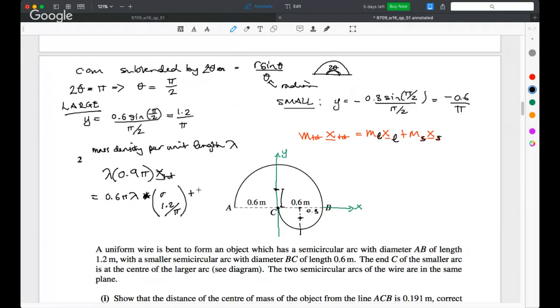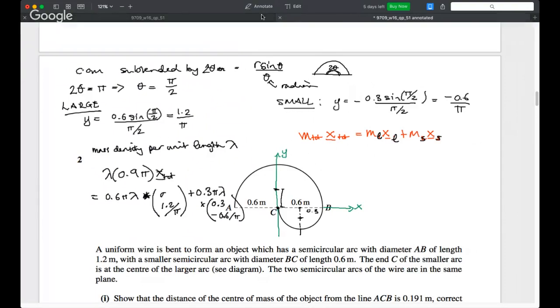And for the smaller circle, we have 0.3 pi lambda times, sorry for the cramping, and here the x coordinate is 0.3, and the y coordinate is minus 0.6 over pi. Okay, that's pretty horrendous, but you see, if I just drag all of this.